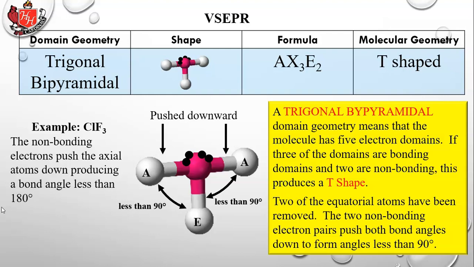So this is chlorine trifluoride. The non-bonding electrons push the axial atoms down, producing a bond angle of less than 180 degrees. The axial are getting pushed down, and then in between the axial and the equatorial, it's less than 90 degrees.